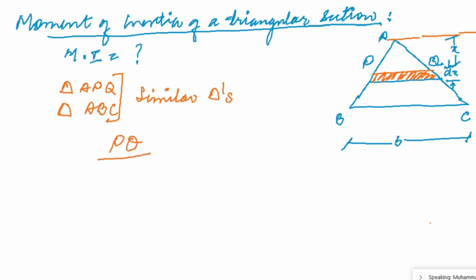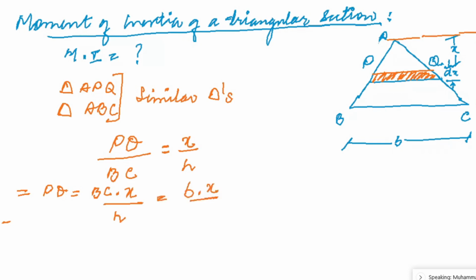Now we also have to find the area of that elemental strip. How much will that be? The area of the strip PQ will simply be PQ times dx, where dx is the thickness of that strip.